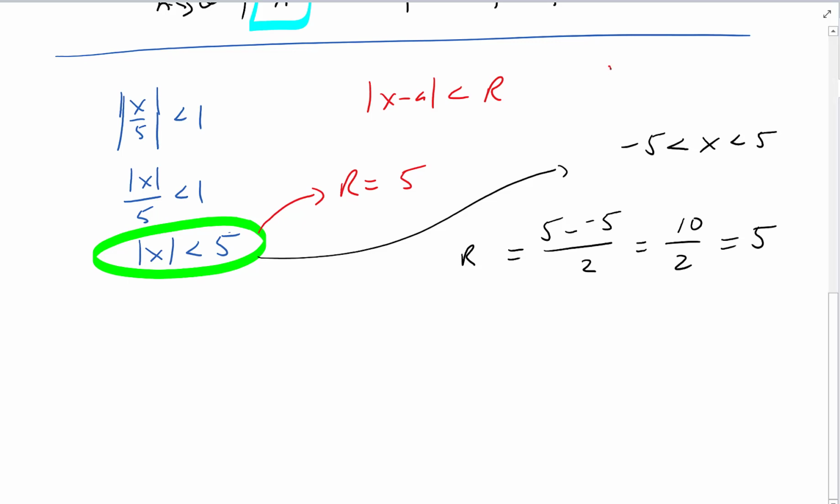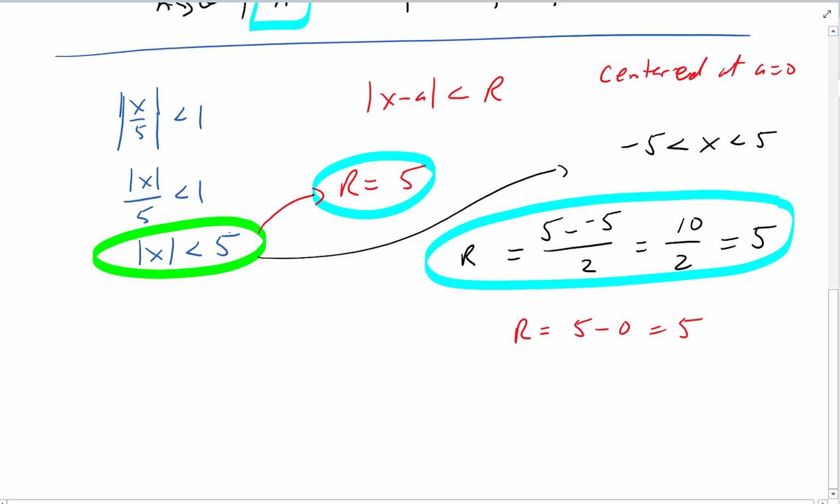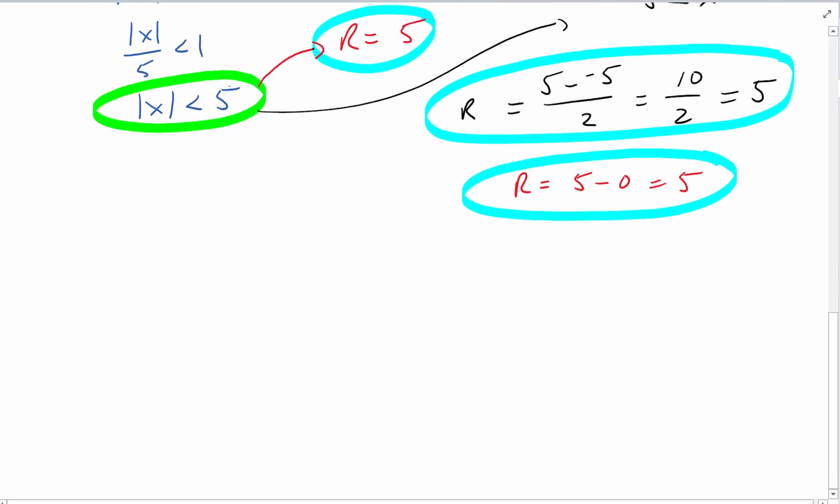We also remember that this thing is centered at a equals 0. So remember, 0 is in the middle. So if I go from where it's centered to the edge, the radius could be also expressed as 5 minus 0, which is once again 5. So guys, what I want you to realize is we got 3 different ways to talk about finding the radius of convergence. Depending on what type of problem it is, one is usually always nicer than the others. So now I know the radius of convergence is 5.